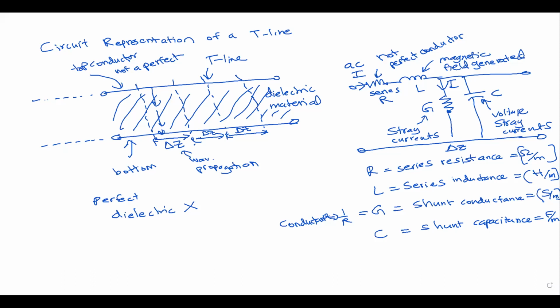How does the electromagnetic wave propagate? What is the value of the electromagnetic wave amplitude at the end of the transmission line? Those things can be defined using this transmission line circuit.